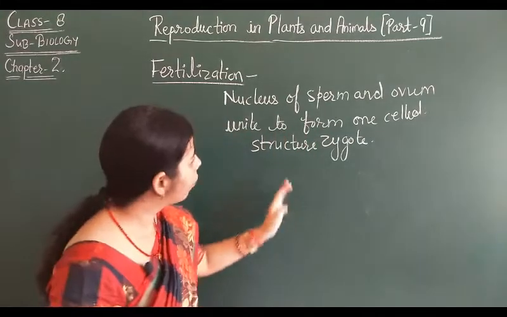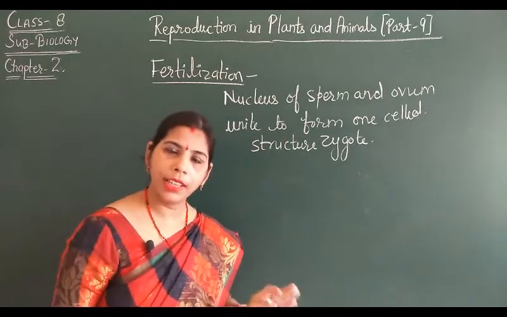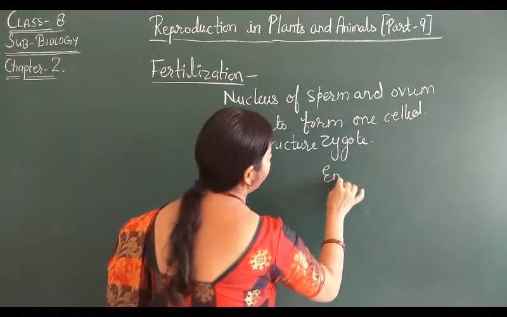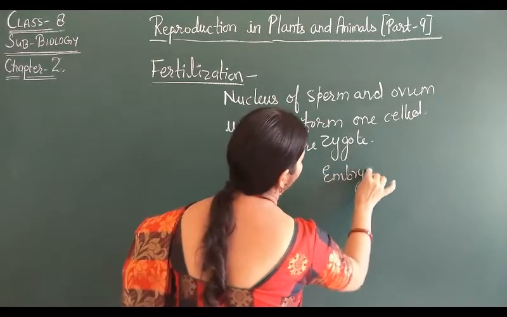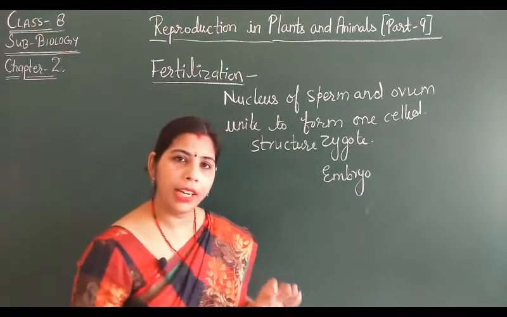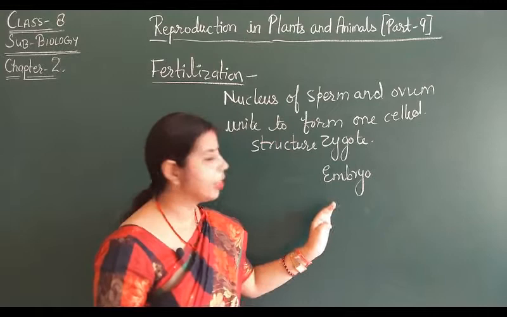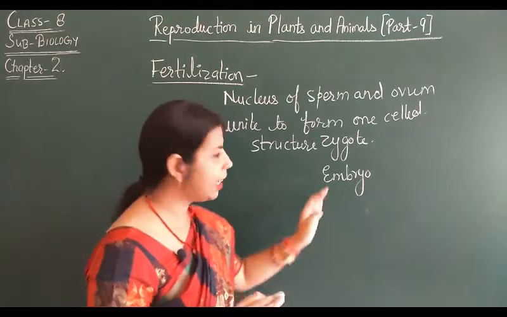Inside the uterine wall, a number of cell divisions take place, and this zygote forms the embryo. This embryo remains for 9 months in the uterus, or you can also say 280 days.